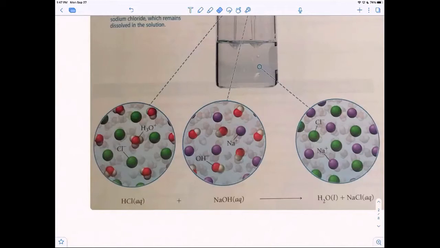So you'll oftentimes see acids listed as H plus. And we've kind of all agreed it's H3O plus, but we don't really know. Meaning we can see H3O plus in solution, but hydrogen ion is just a proton, so it has no electron cloud.